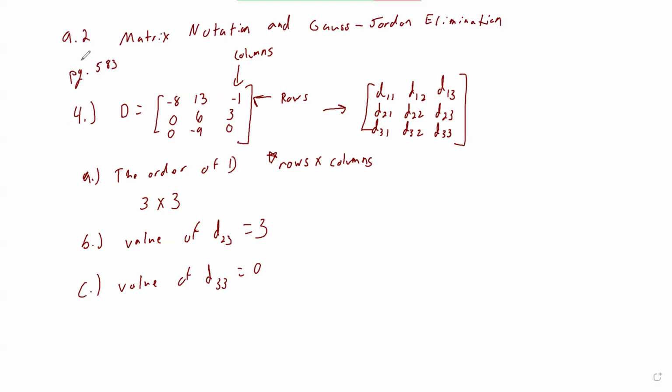All right, let's do another one. Let's look at 6. You are given A equals 9, 7, 5, 4, 0, 2. Determine the following if possible. First, what's the order? I have 2 rows and 3 columns.